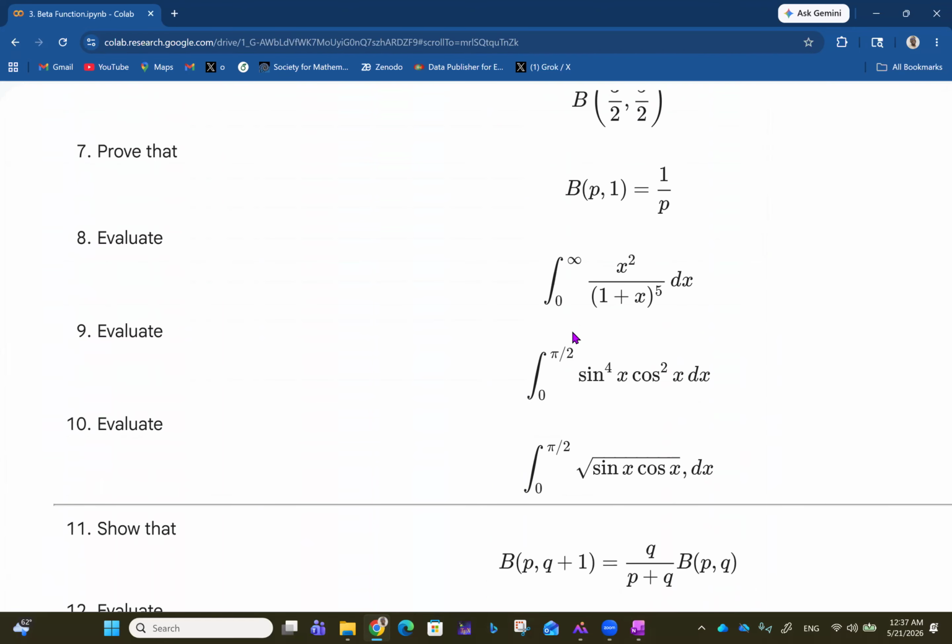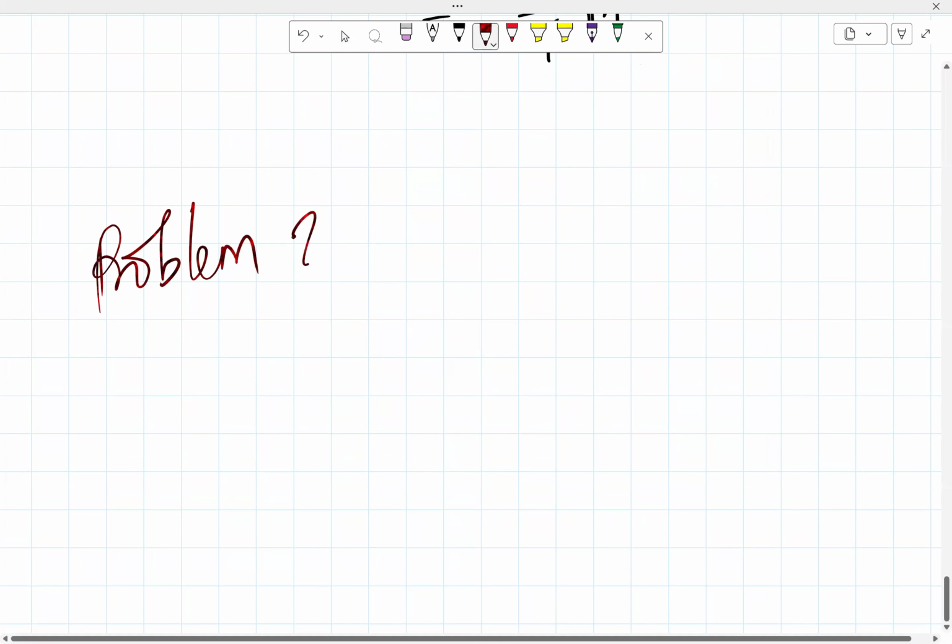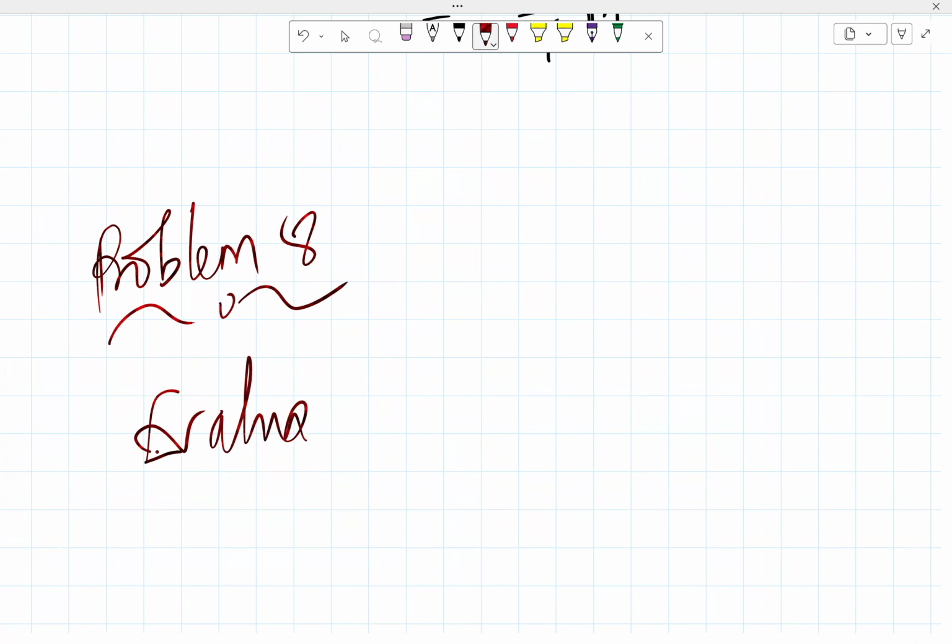So problem 8. We want to evaluate integral from 0 to infinity x squared all over 1 plus x raised to power 5 dx. Okay, so this is looking like when you have substituted x to be t over 1 plus t.